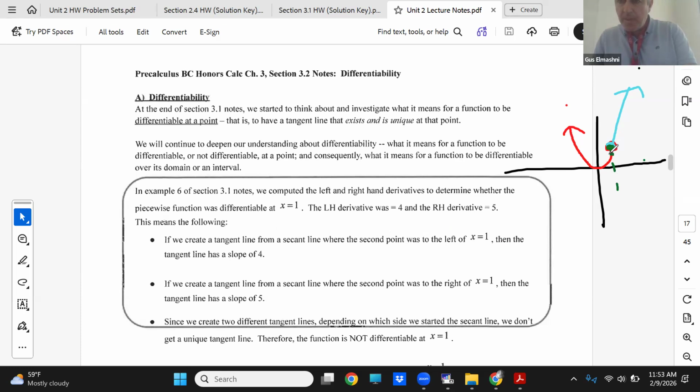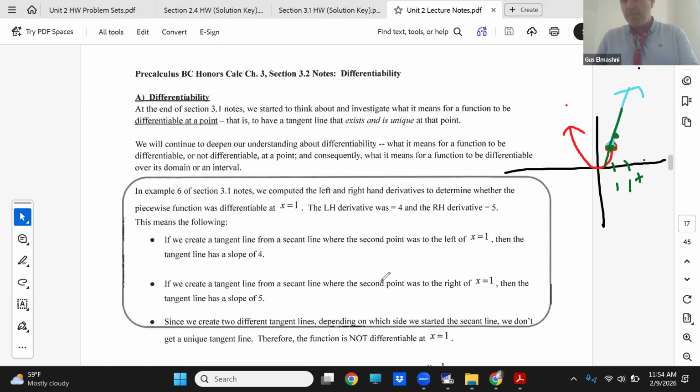You go a little bit to the left of it, and that's 1 minus. If I draw a secant line, it's pretty close to 4. Now going from the right side, it's going to coincide with the blue line.